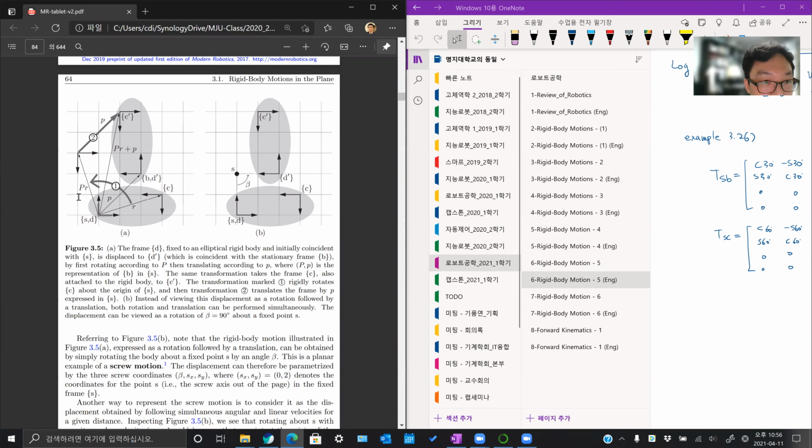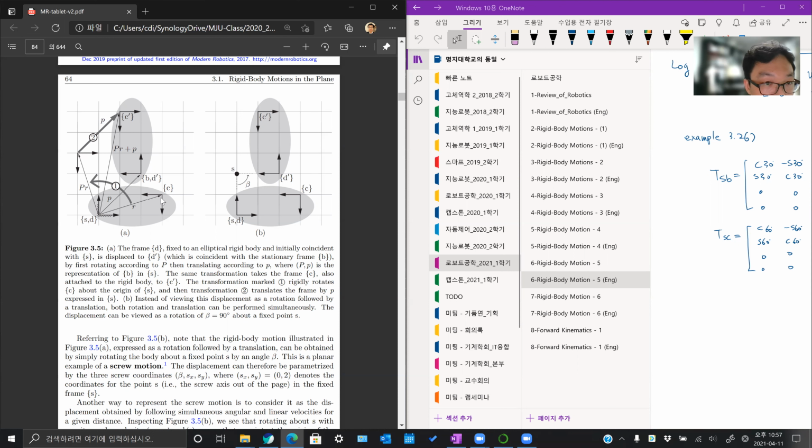Actually, the left side one is this kind of elliptical rigid body located in here. Firstly, it rotated like this. So the C coordinate goes to this position.